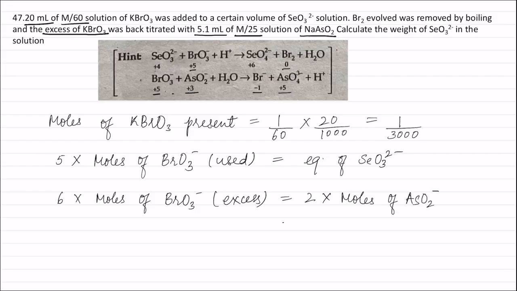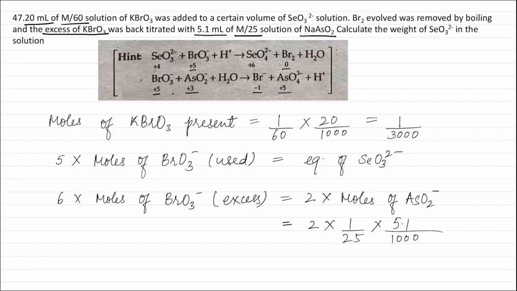Now moles of AsO2 minus will be equal to 2 into molarity of NaAsO2 solution, that is 1 by 25, into volume of NaAsO2 solution in liters, that is 5.1 divided by 1000 liters.